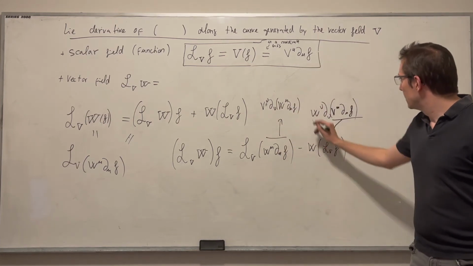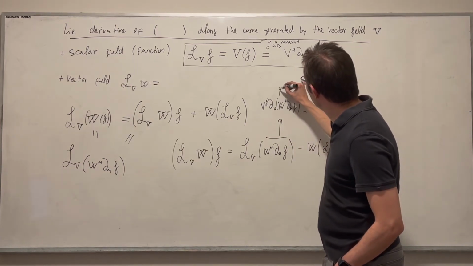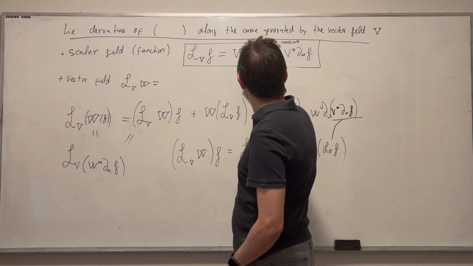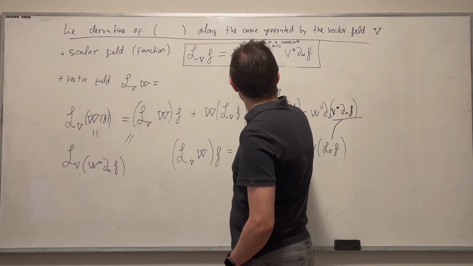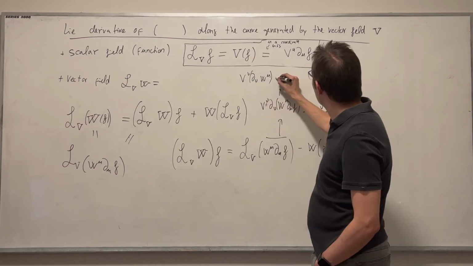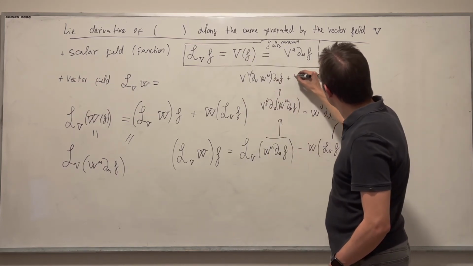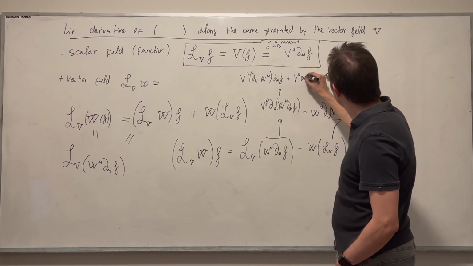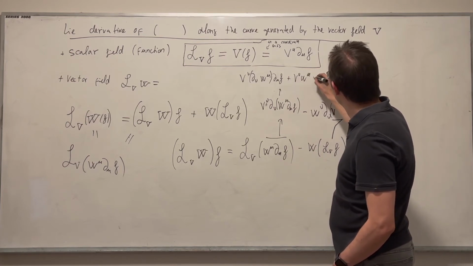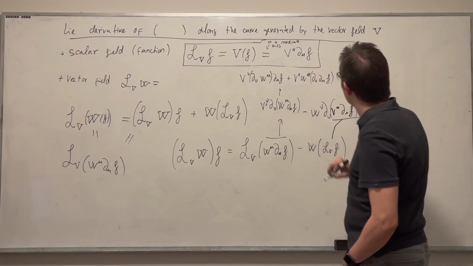All right, so every term in here will actually result in two terms. Let's write them here using Leibniz rule. So it'd be v^ν (∂_ν w^μ) ∂_μ f plus v^ν w^μ ∂_ν ∂_μ f.